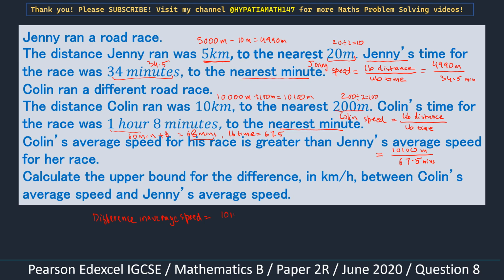So 10,100 out of 67.5 minus 4,990 out of 34.5, and then I have to multiply it by 60 out of 1000, so that is nothing but 0.06. Now let me work it out.